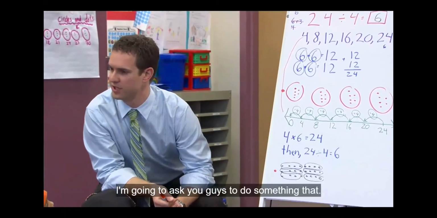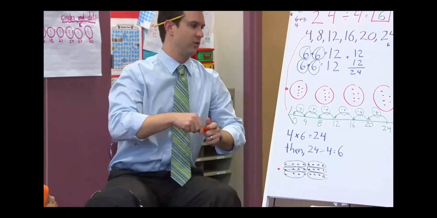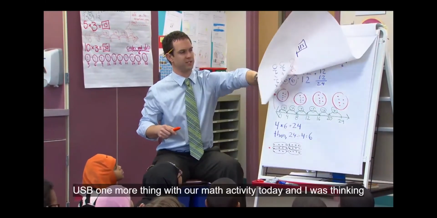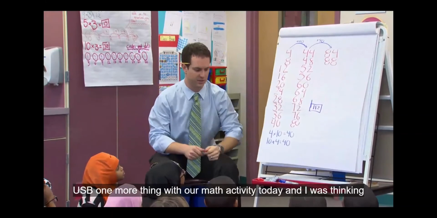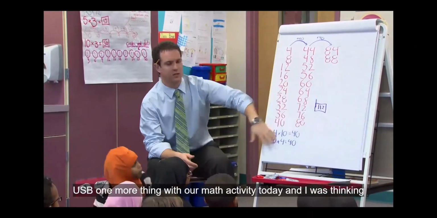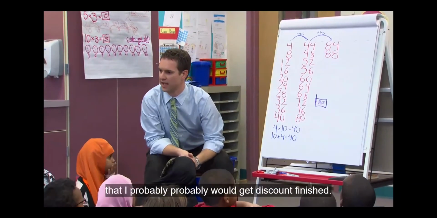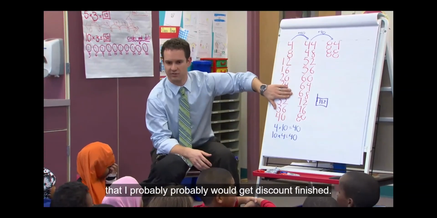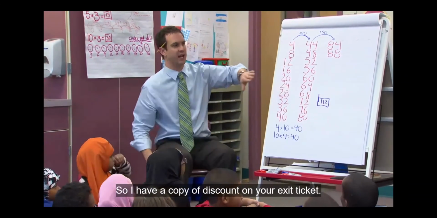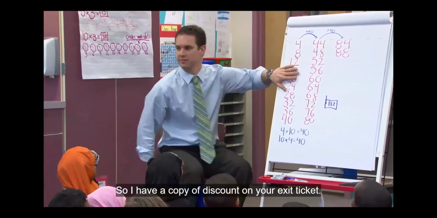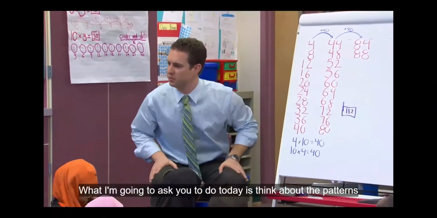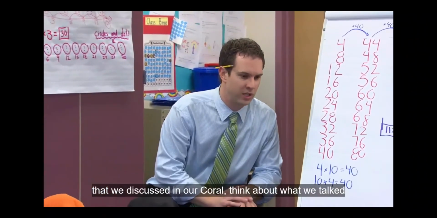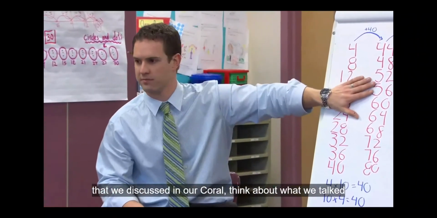I'm going to ask you guys to do one more thing with our math activity today. I was thinking that probably you would get this count finished, so I have a copy of this count on your exit ticket. What I'm going to ask you to do today is think about the patterns that we discussed in our choral count.